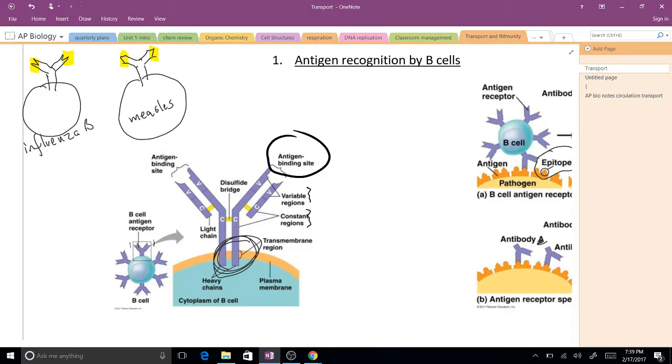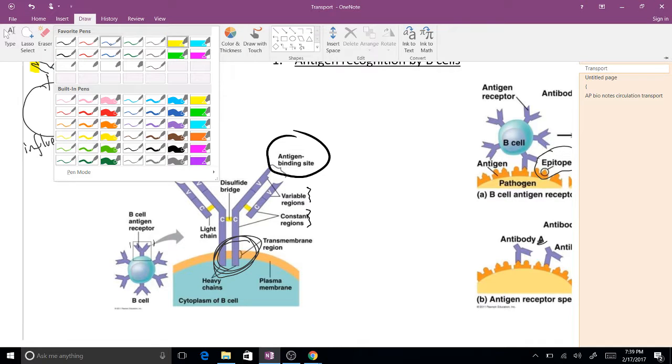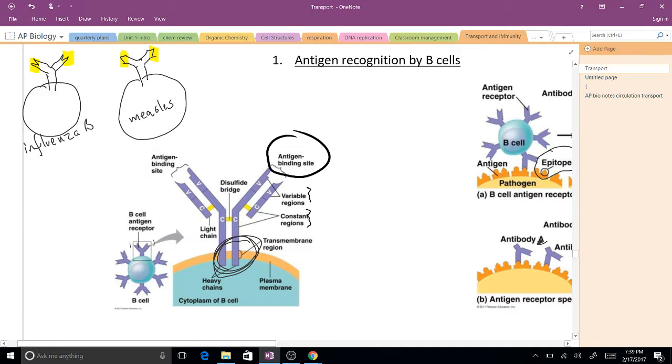Now, because we've been looking at this all year long, you should be able to answer this question. How do we get this variability in a protein? Give it a pause and see if you can think it through. Remember, how do we make different kinds of proteins?